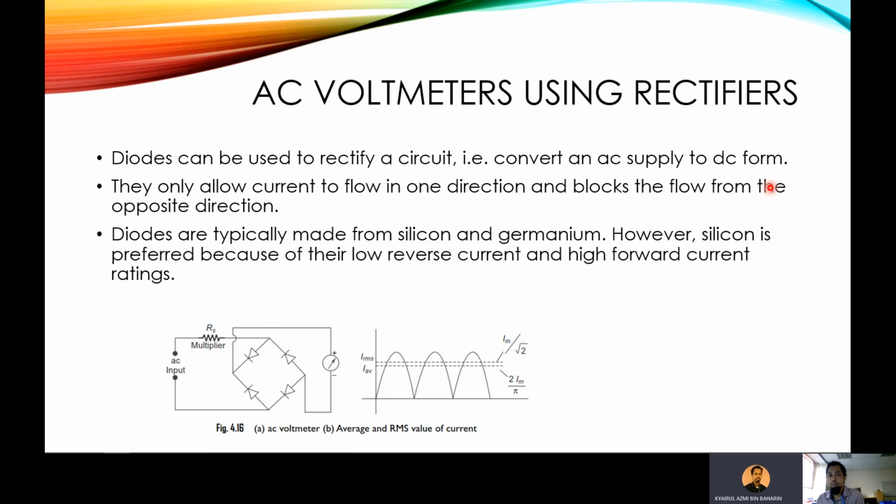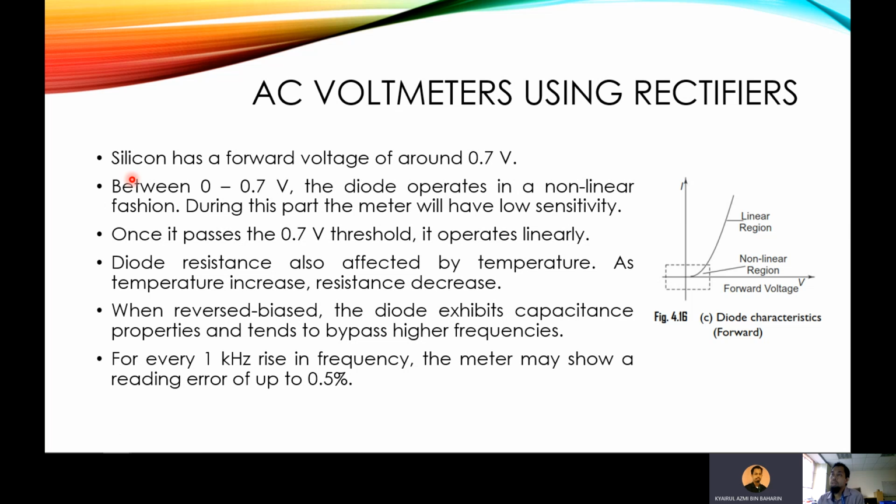Okay, so if I were to analyze the circuit, then we need to first understand the principle of the AC waveform. Before we go towards the principle of the AC waveform, let's study a bit about the basics of a diode.